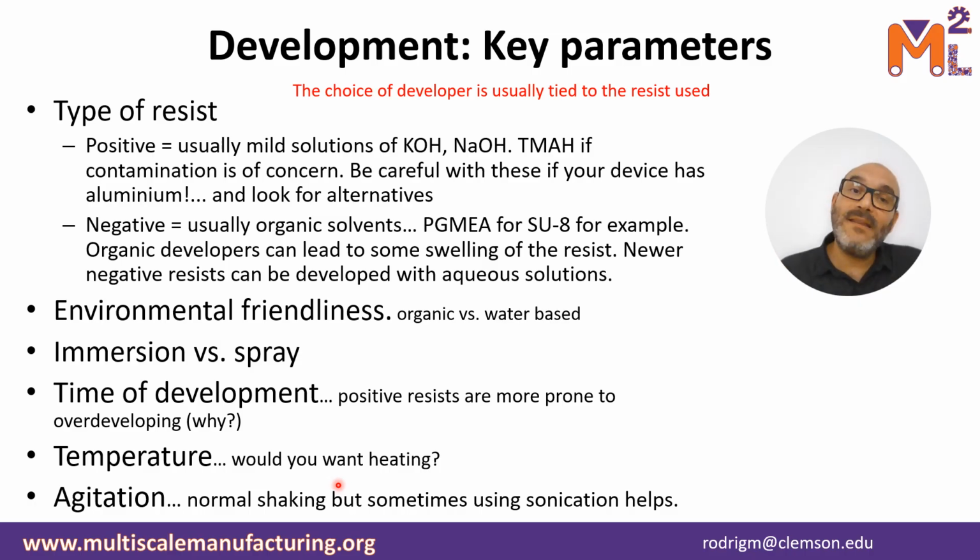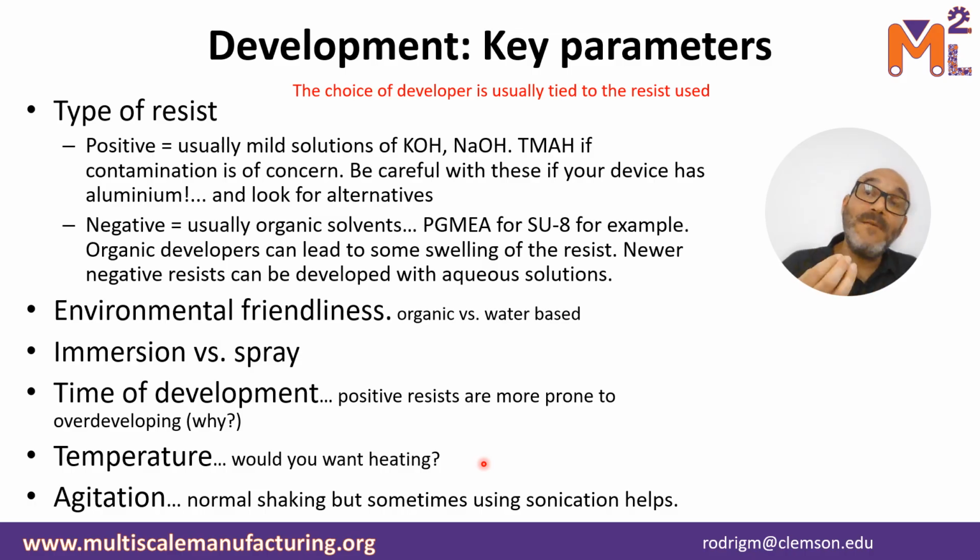In the case of negative photoresist, we will be less prone to do that because we actively cross-link the photoresist, right? And then in terms of the temperature, sometimes you actually want heating in order to increase the rate. Sometimes you also desire agitation in order to refresh the developer across the area of interest.